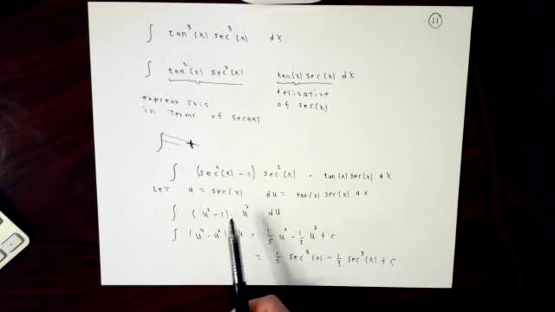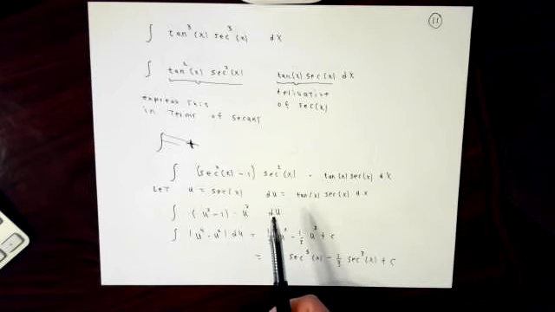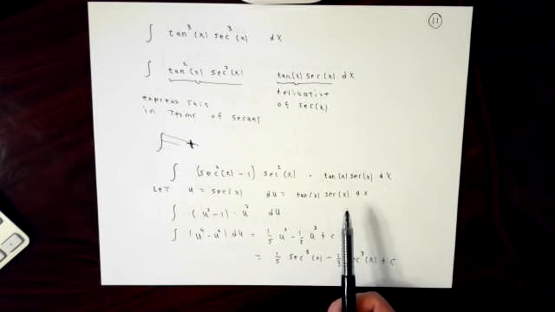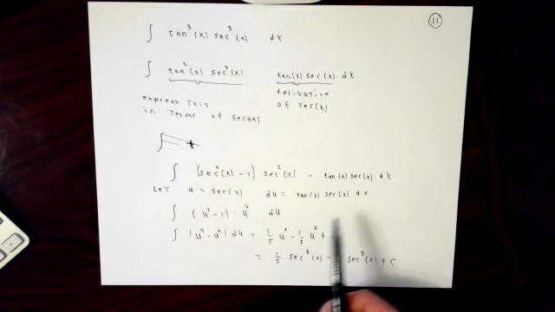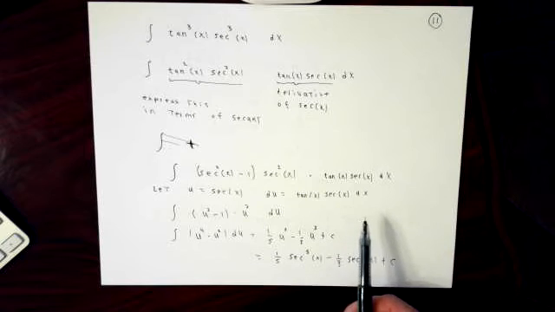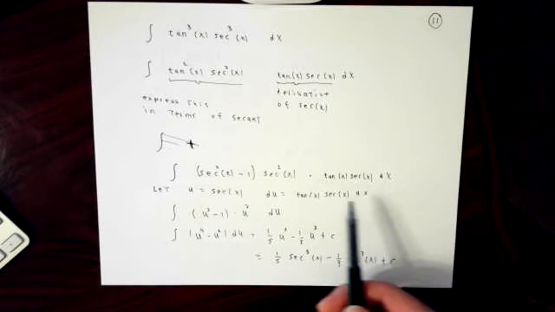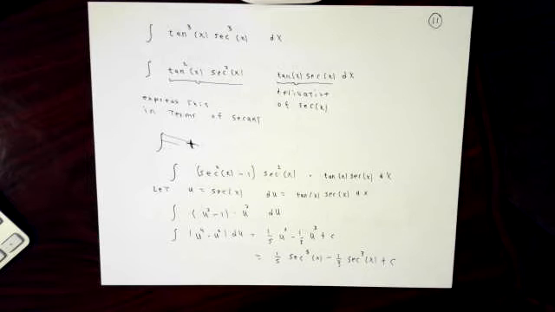So I'll have secant squared minus 1 times secant squared times tangent x secant x dx. And although this looks kind of horrible, if you look at u equals secant x, the derivative of u would be secant x tangent x. du would be tangent x times secant x times dx, which is this bit at the end here.